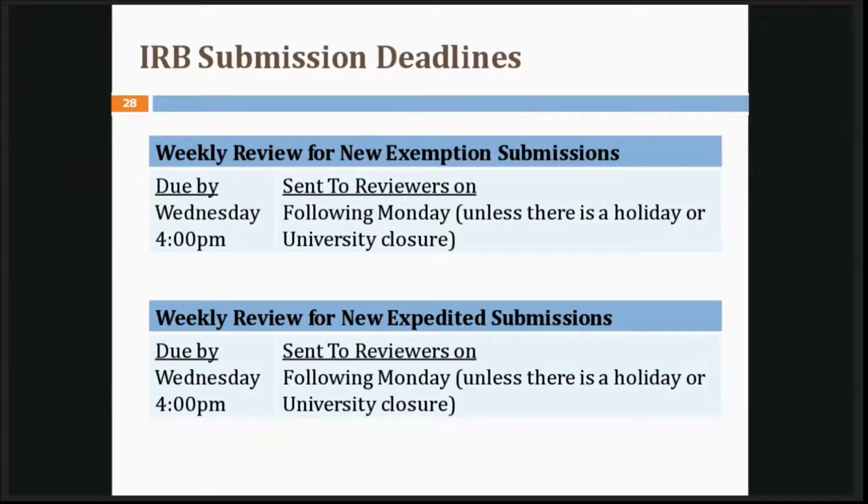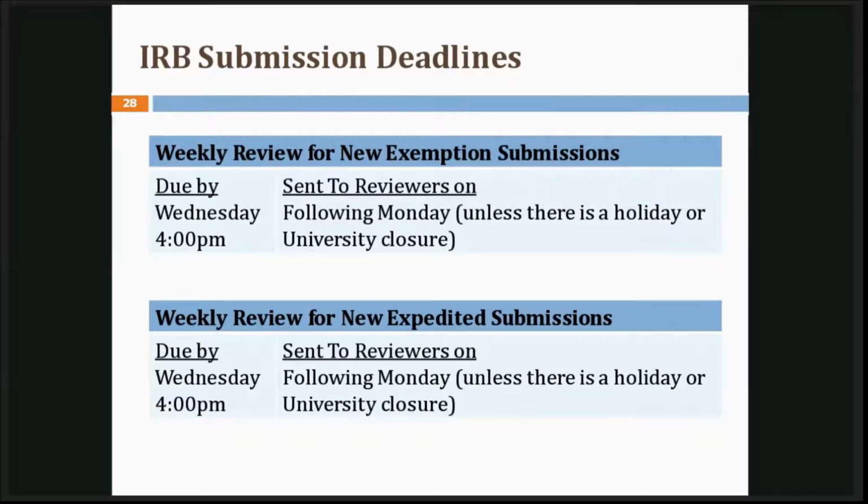Okay. So just so you know, the IRB does have deadlines for submission. I will get started with the easiest one, the exemption submissions. Okay, so it's on a weekly basis. If you submit by Wednesday 4 p.m., then it's guaranteed that your IRB submission will be sent to reviewers on the following Monday.